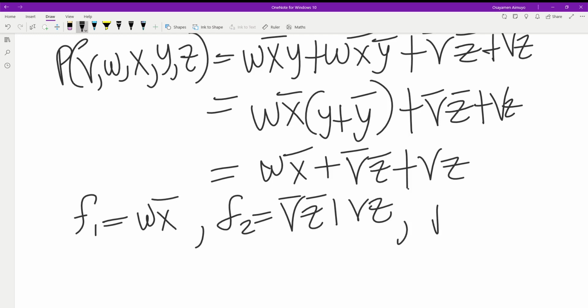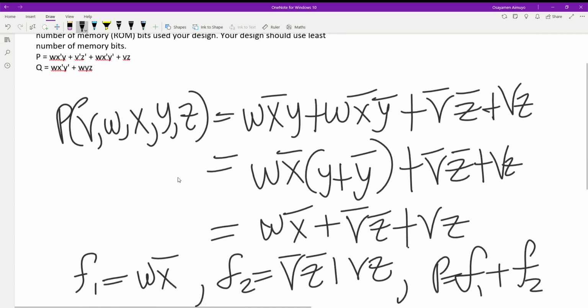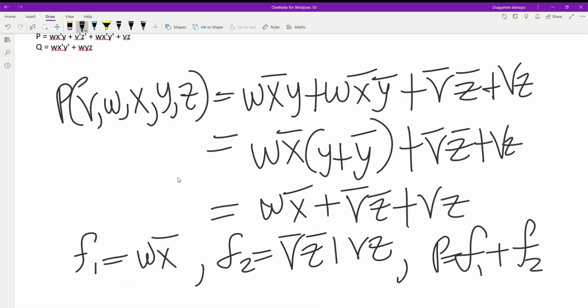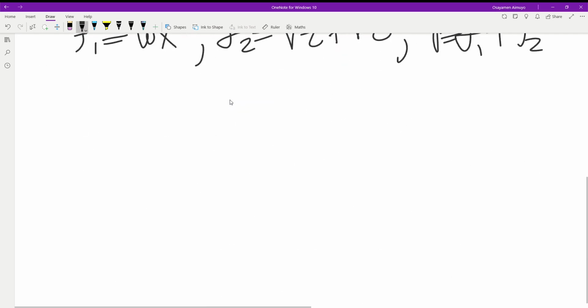So basically P equals f1 or f2, which will come in handy very soon. All we're trying to do is limit the number of bits we use. The bits can be computed by multiplying the title of the ROM: a 4x1 ROM is 4 bits, 4x2 is 8 bits, 8x1 is 8 bits, 8x2 is 16, and so on.